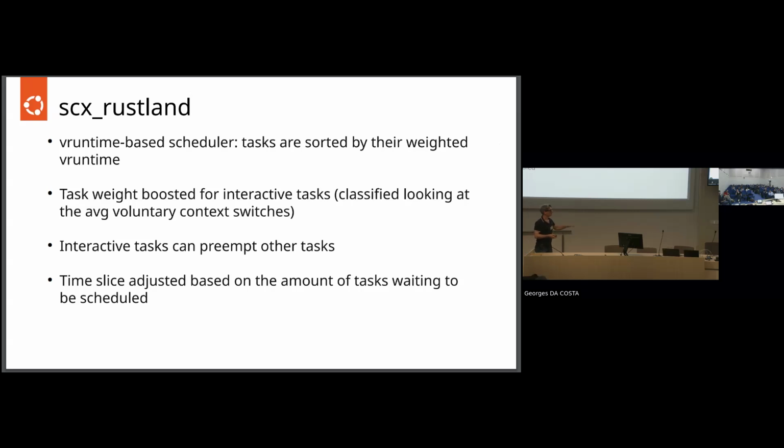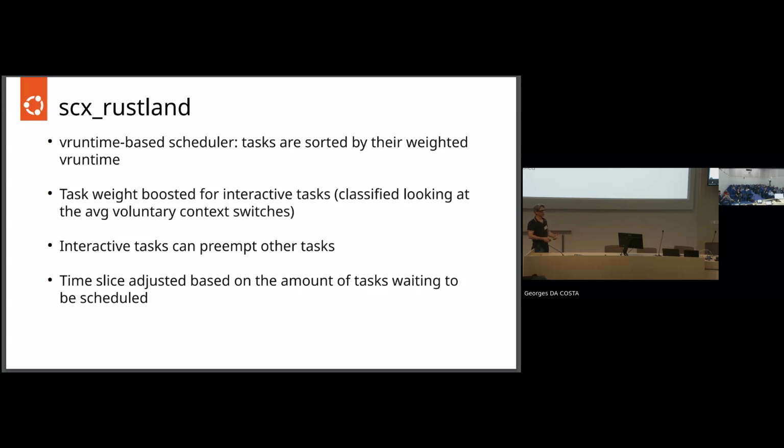The heuristic looks at the voluntary context switches: it stores a moving average of the voluntary context switches, and if this average exceeds a certain threshold, it says okay, these tasks are interactive, so let me boost their priority.